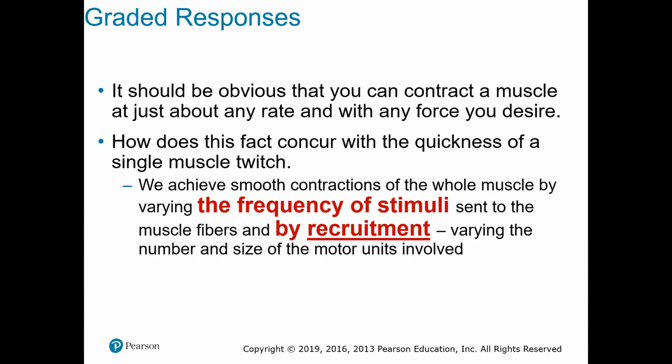If you're picking up a 5-pound bag of potatoes, you're going to use a series of muscle cells to do that. If you're picking up a 50-pound bag of potatoes, you're going to have to bring in a whole lot more muscle cells to do that. That's recruitment.